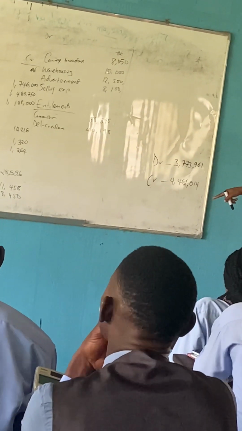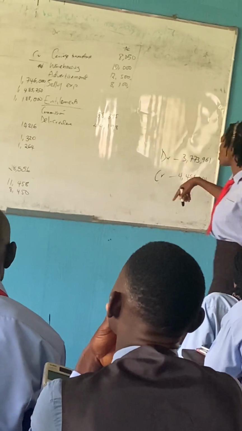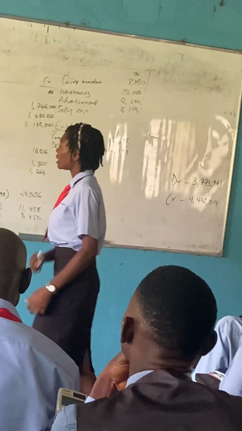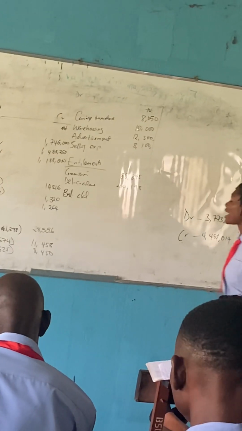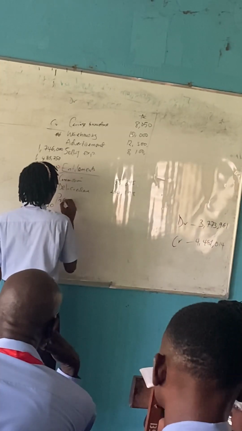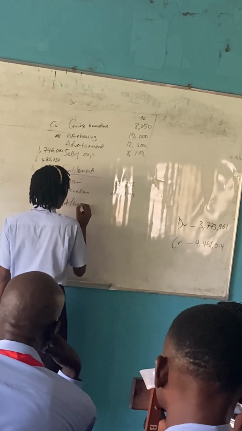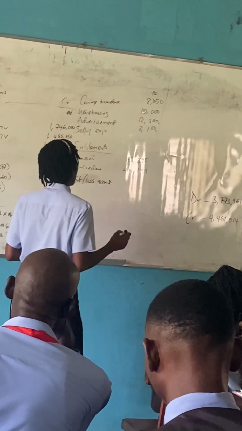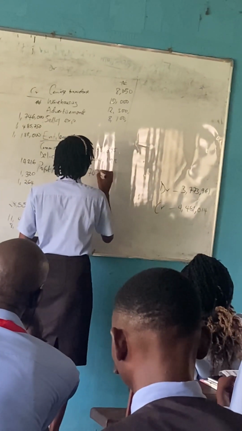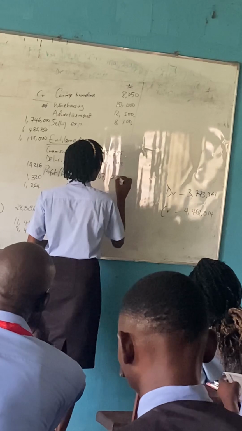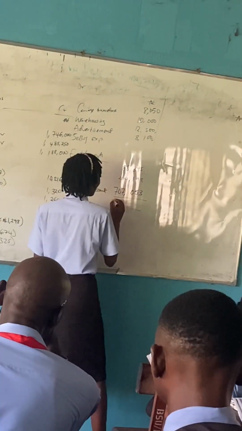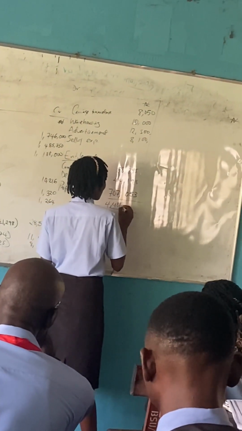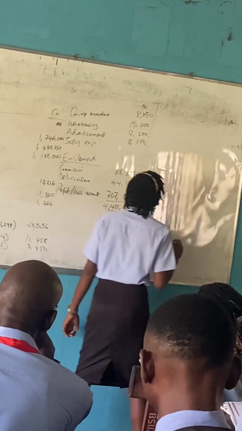Credit is higher, right? That means we have profit. So give me your balance carried down. Your balance carried down is what now? Your profit or loss, to profit or loss account. 707,000. 4,481,014.